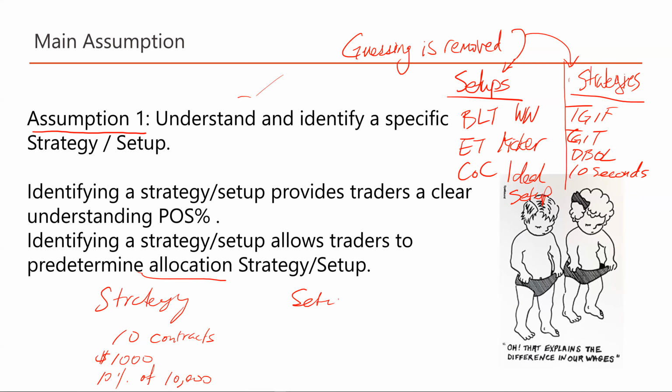And then a setup based, using a different net liquid, could be maybe 2 contracts, depending on which month of the year we're in, which day of the week we're in, and the cost. So the cost varies, right? Depending on discretion, which includes profits.